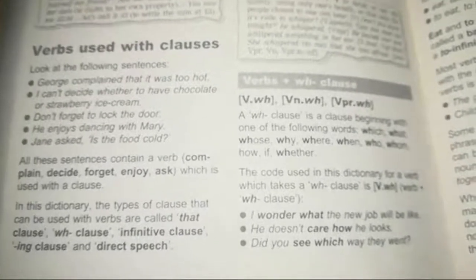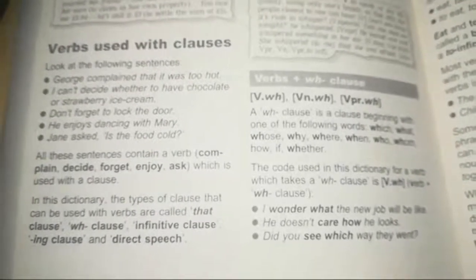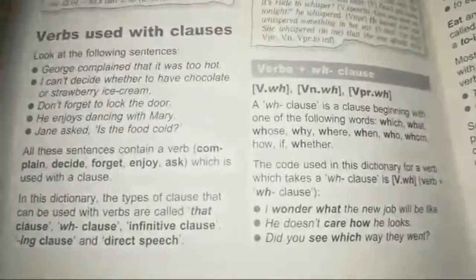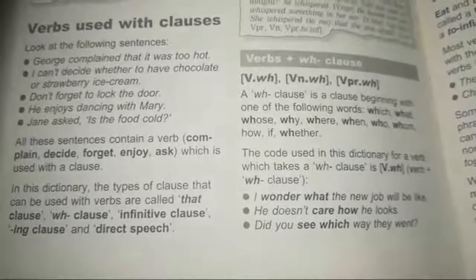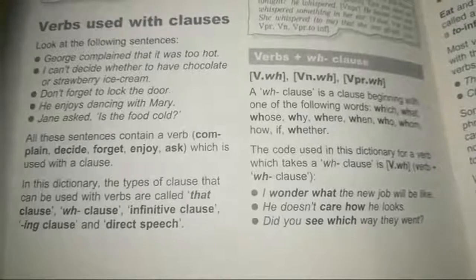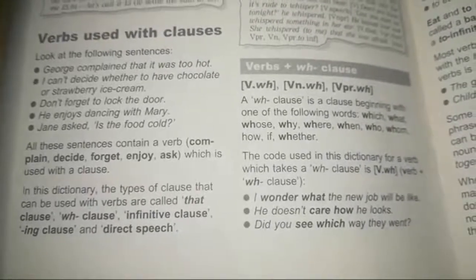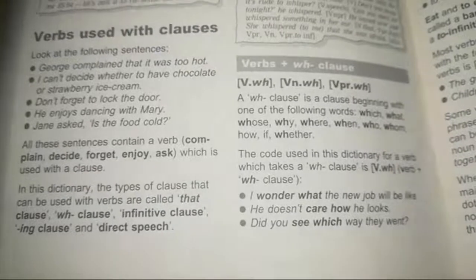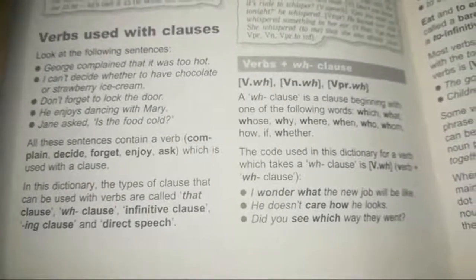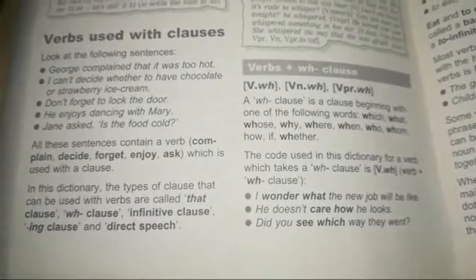In this dictionary, the types of clause that can be used with verbs are called that clause, wh clause, infinitive clause, ing clause, and direct speech.